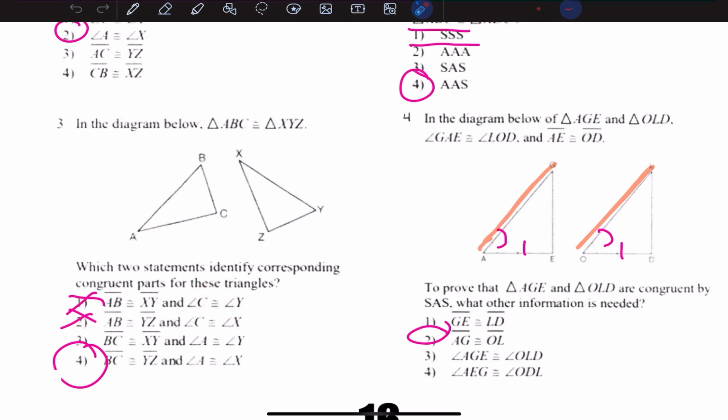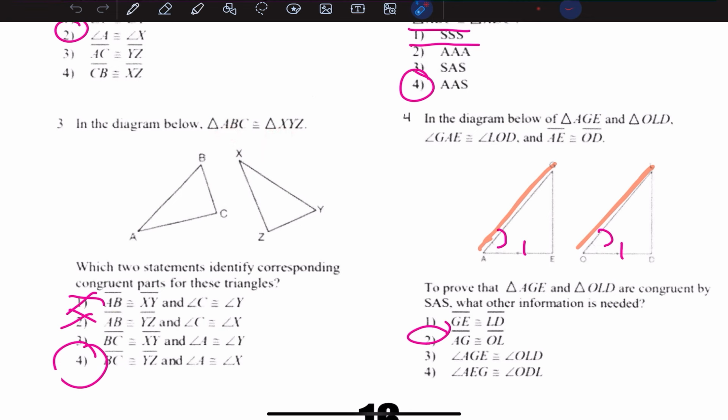And between these two, A and Y, 1 and 2, not corresponding, not going to be congruent. Just by looking at the angles, I was able to find my answer. That is 4. BC is congruent to YZ, and A is congruent to X.